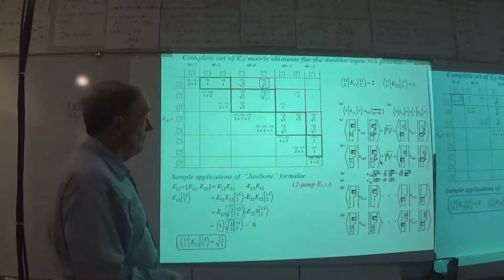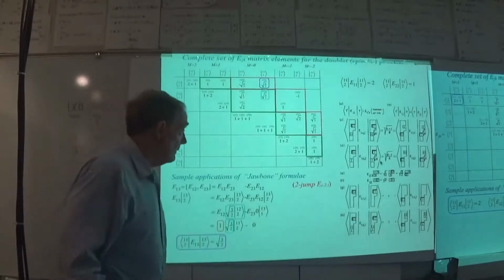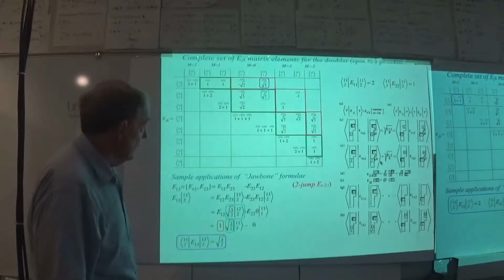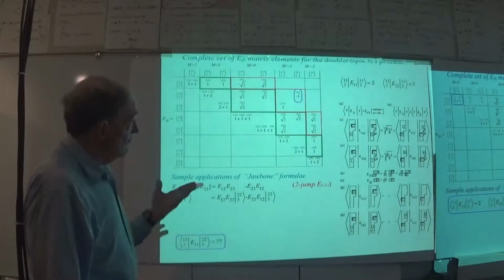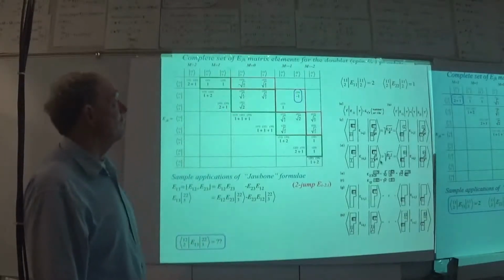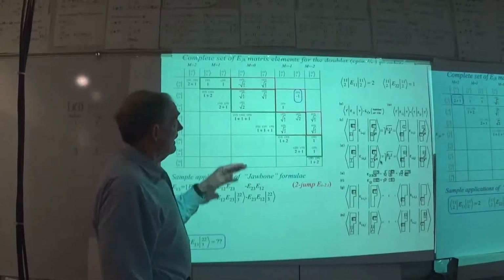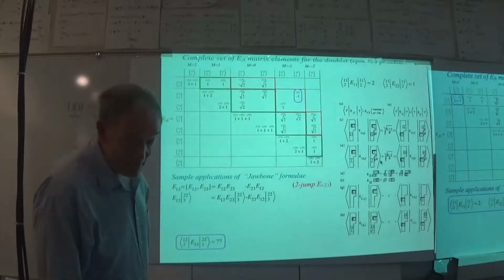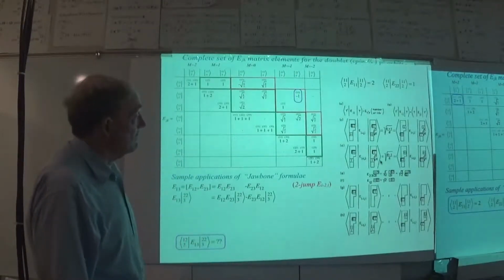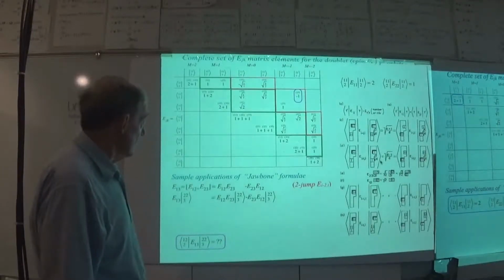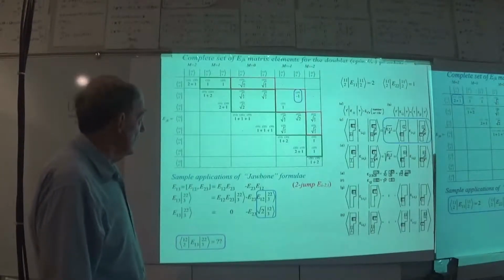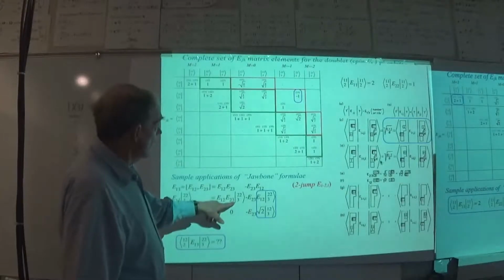And for the others, I don't think there's anything tricky that pops up now. This is kind of an interesting one. It's sitting there on the anti-diagonal, with a minus sign and nothing below it, nothing to either side of it. That's kind of a neat thing. Again, destroy a 3 and create a 2.